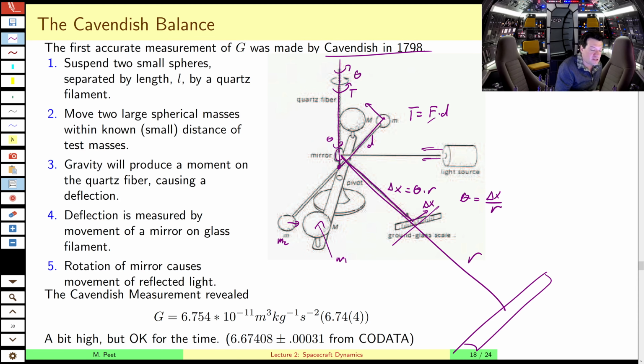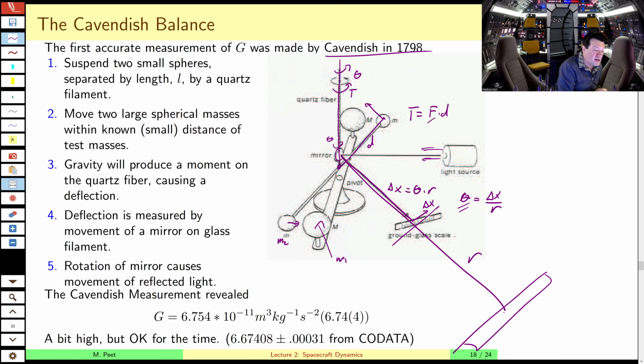This allows you to measure very, very small changes in deflection. So again, lots of amplifications going on here: amplifying the force by the moment arm, and amplifying the angular deflection by this very long amplification factor through the distance.